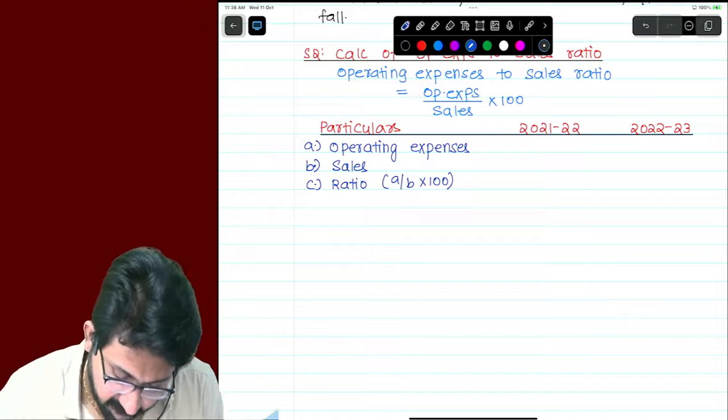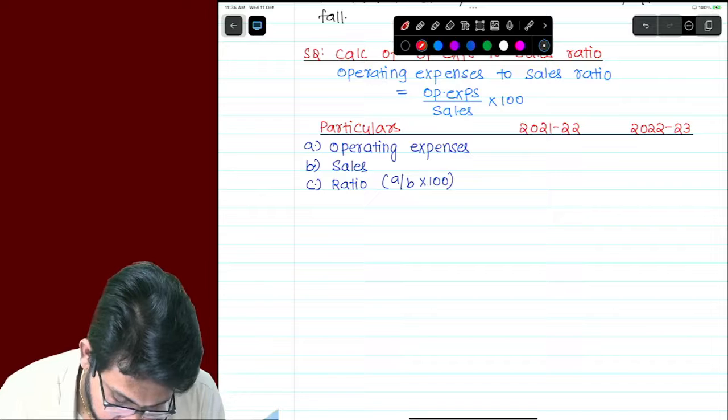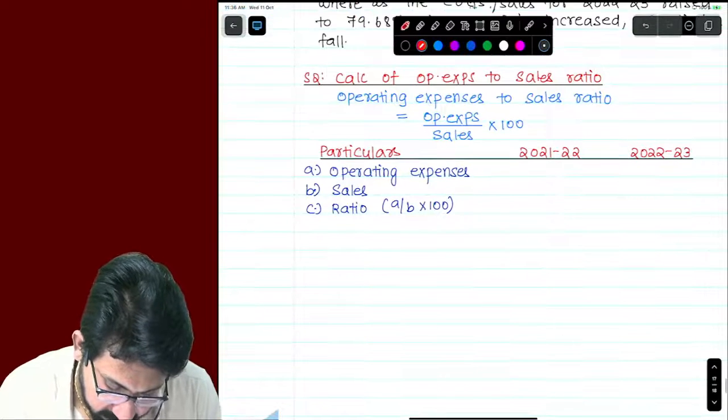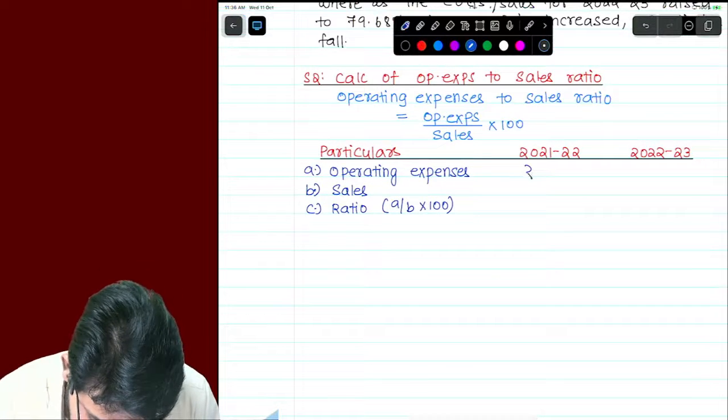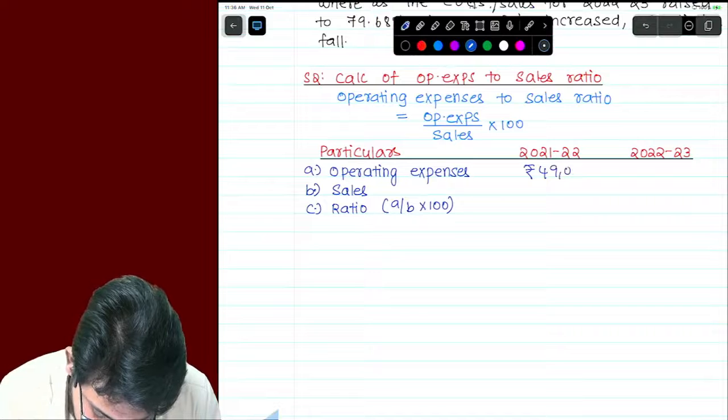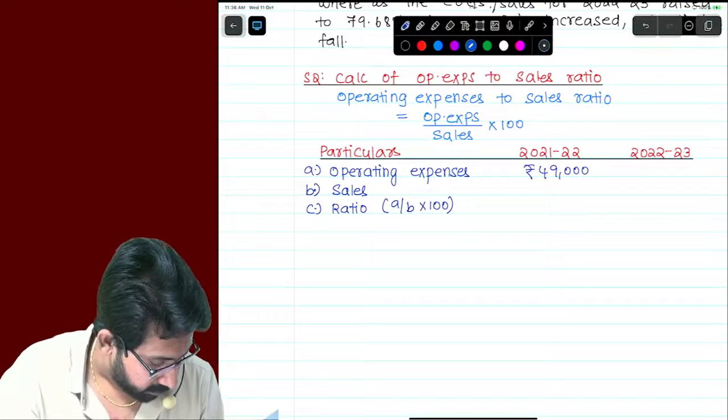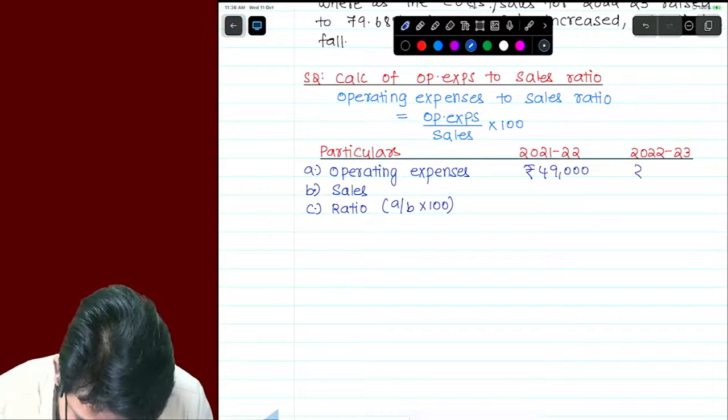Please tell me what the operating expenses are. How much? 49,000. Next year?